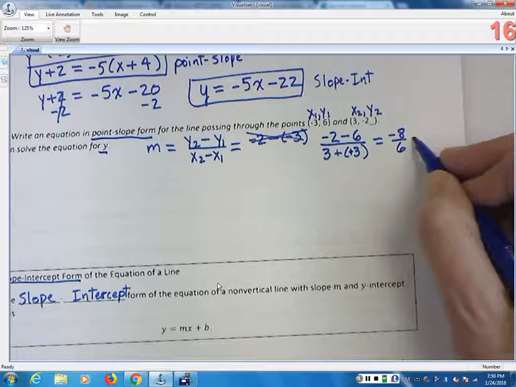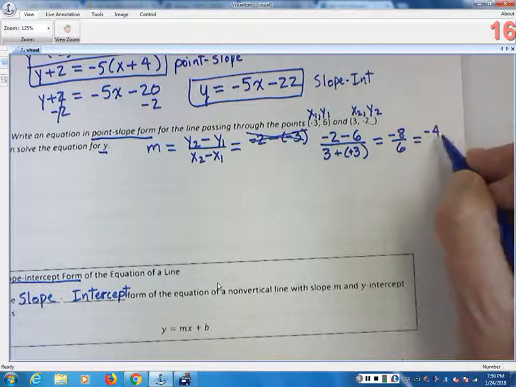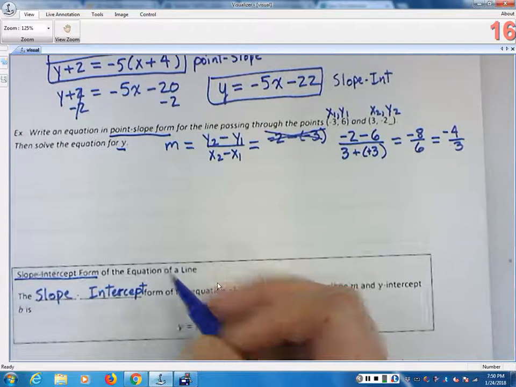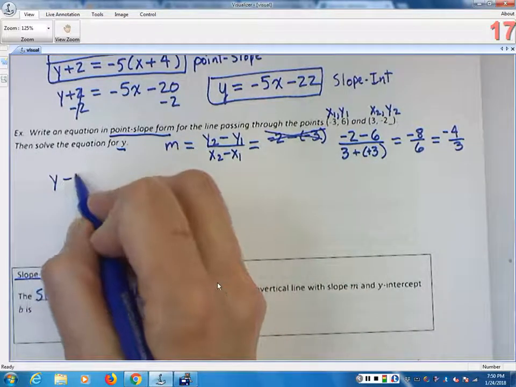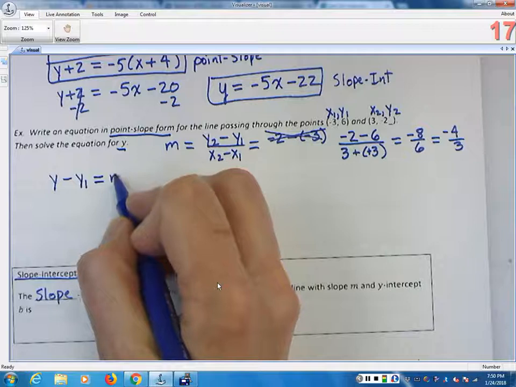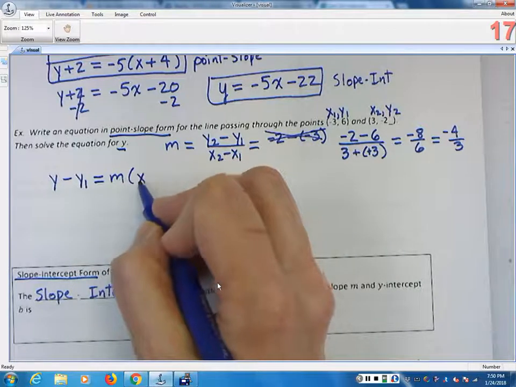Divide that by 2, minus 4/3. So the slope is minus 4/3. Okay? Now you're going to use the form y minus y1, and we'll just use that one. It doesn't matter. You can use either point, x minus x1.